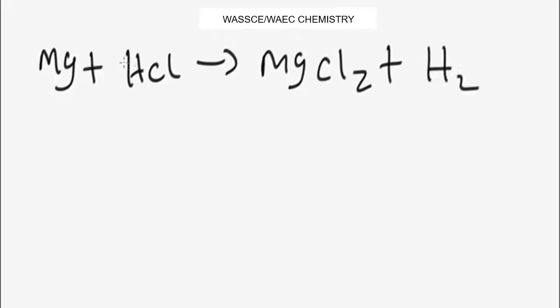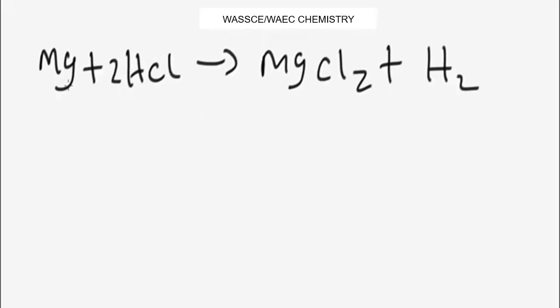So you balance this chemical equation. Chlorine is 2 at the right, so you add 2 here. Now chlorine is balanced. Magnesium is 1, hydrogen is 2 at the right and also 2 at the left. So this chemical equation is now balanced.